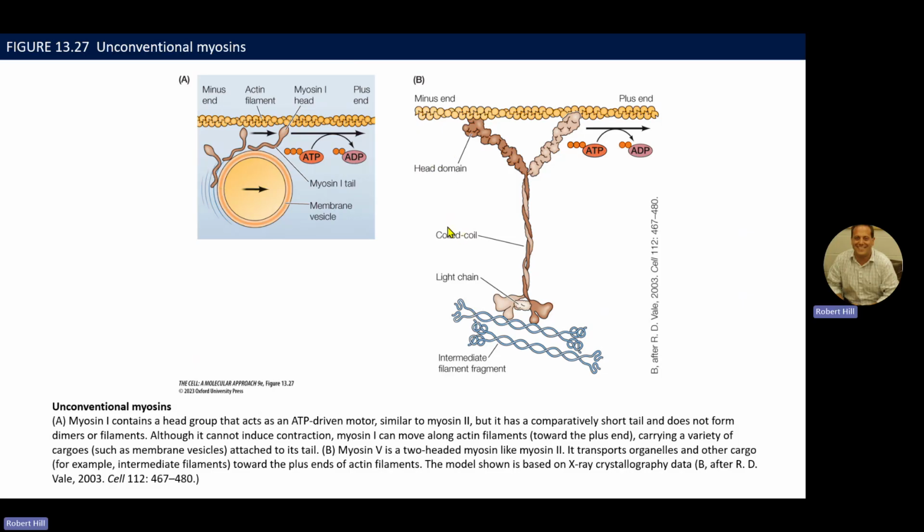All right, in this we have myosin V, a much bigger myosin protein than myosin 1. It's a two-headed motor, and it literally walks along actin filaments, and it can transport big things, large organelles and intermediate filaments throughout the cell and move them around.